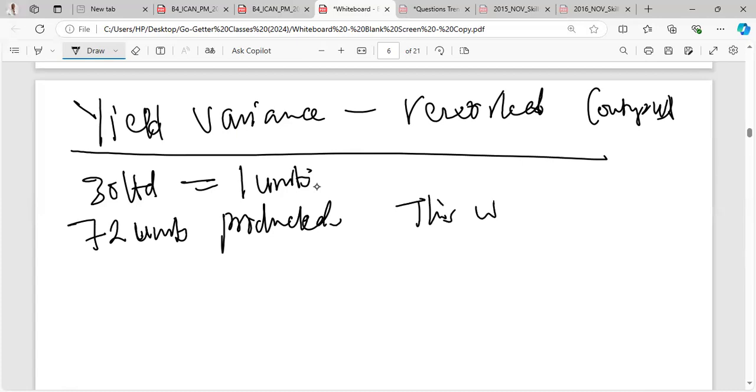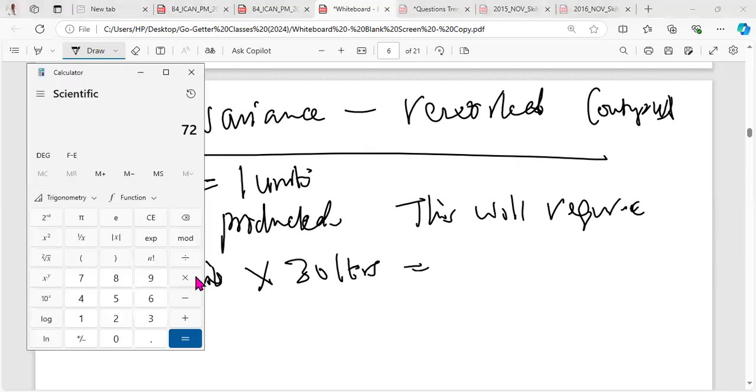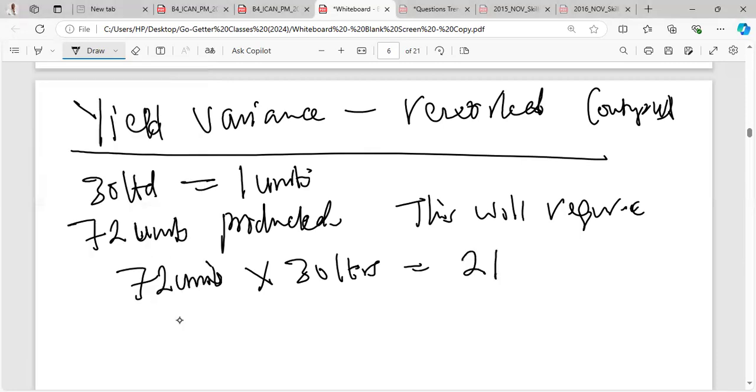This will require how many liters to become 72 units, multiplied by 30 liters. This is the expectation. 72 multiplied by 30 should give you 2,160 liters. So this is expected.